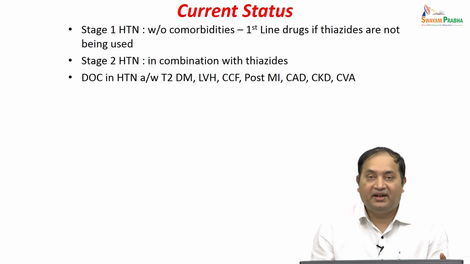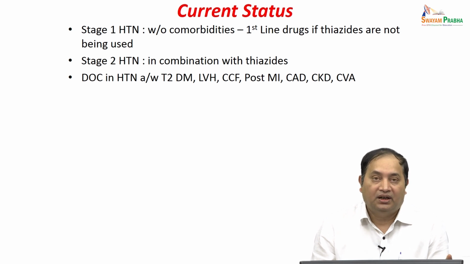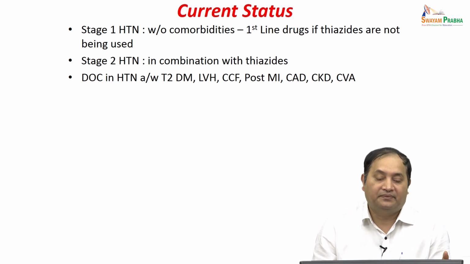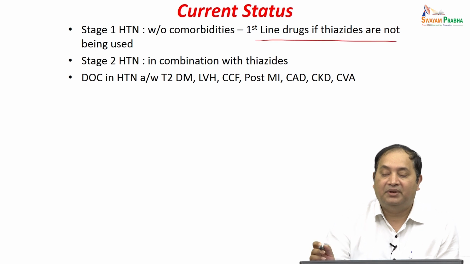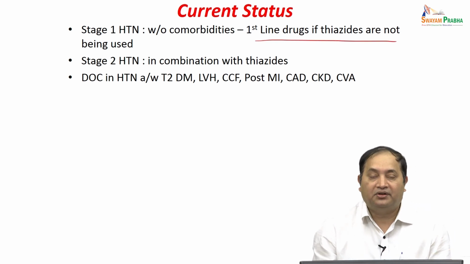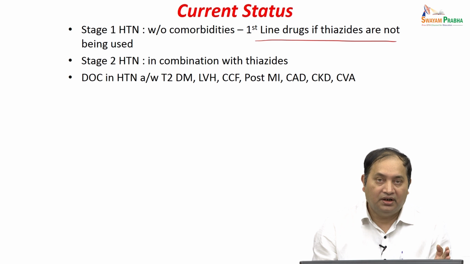So, the current status: in stage 1 hypertension with some comorbidities, ACE inhibitors are considered first line therapy if thiazide diuretics are not used, and in stage 2 hypertension, they are combined with thiazide diuretics.